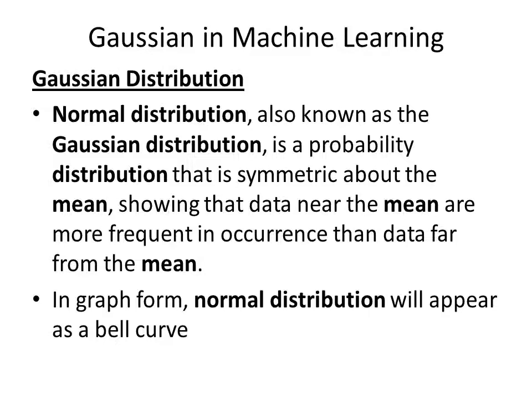Next topic, Gaussian in machine learning. Gaussian distribution. The normal distribution, called the Gaussian distribution, is a probability distribution that is symmetric about the mean, showing that data near the mean are more frequent in occurrence than data far from the mean.